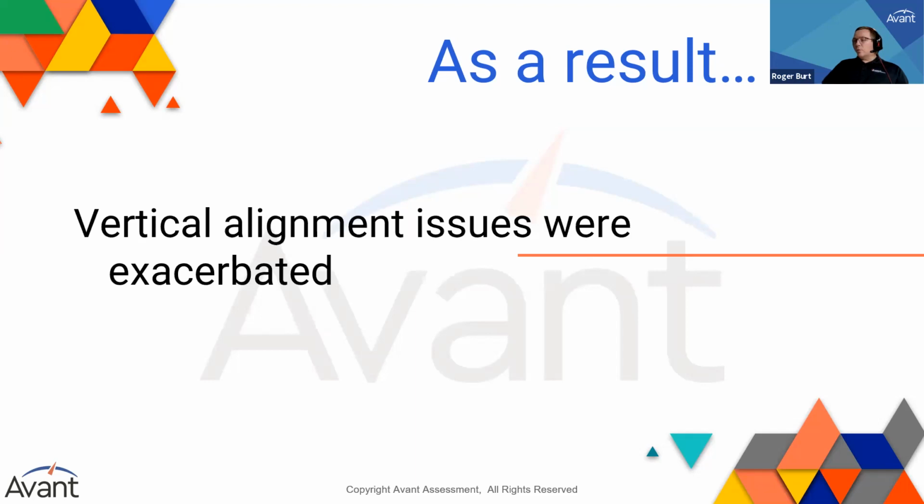And then vertical alignment issues were actually exacerbated by this, which was foreseen, where we could see it before. And then we started to place students who we had data on into the more appropriate class. It just became more and more apparent to the students now when they were in a class and were not at the appropriate proficiency level.